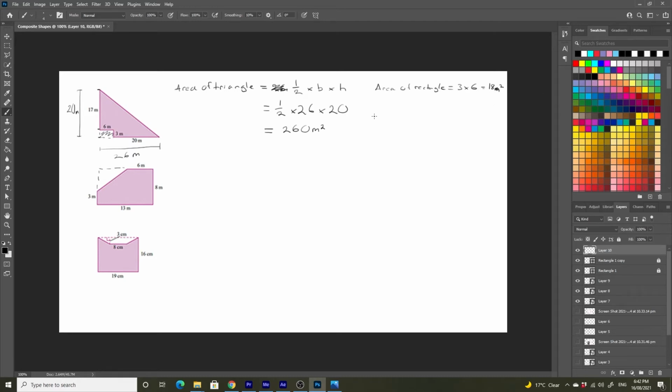So the total area is going to be equal to 260 meters squared minus 18 meters squared. And that is going to equal 242 meters squared. Now let's look at the next one.